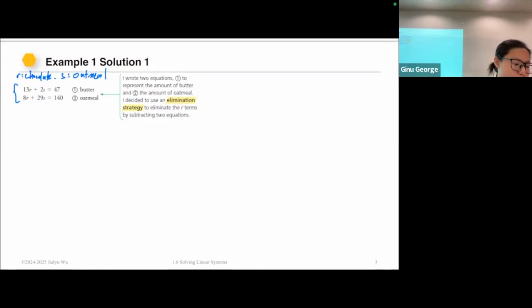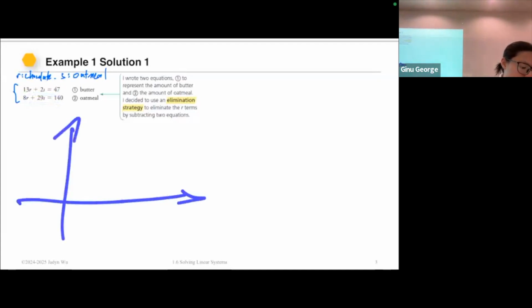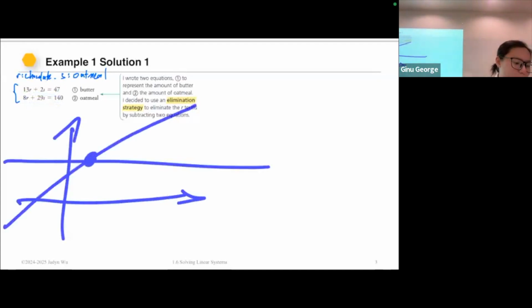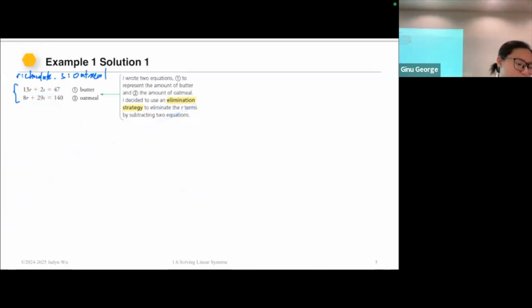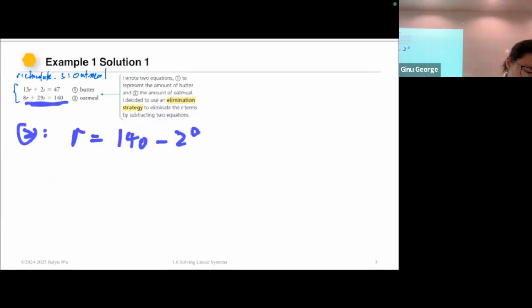First, we can graph the two lines and find the intersection point between the two graphs. That's the first method. The second method is that we can use S to represent R. For the second equation, we can get R equals 400 minus 29S, divided by 8.